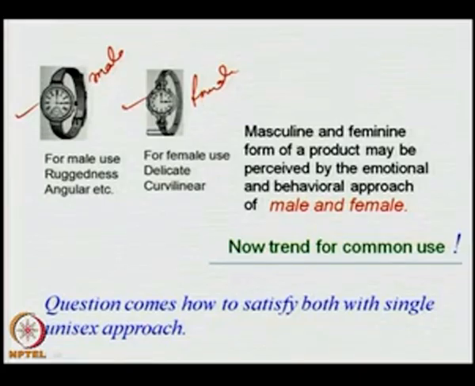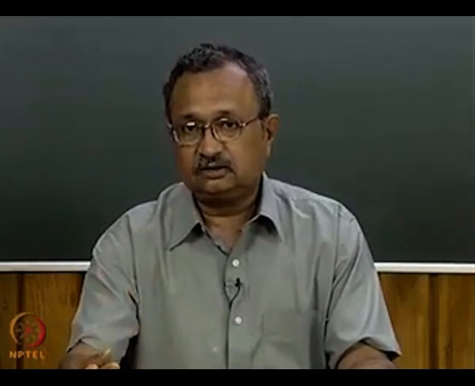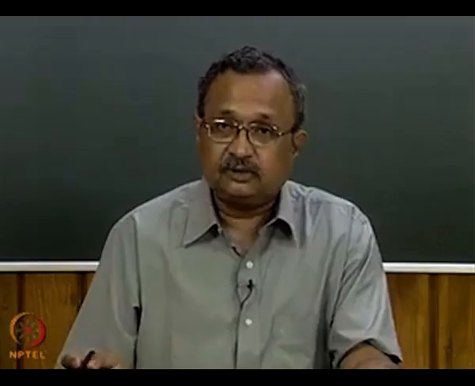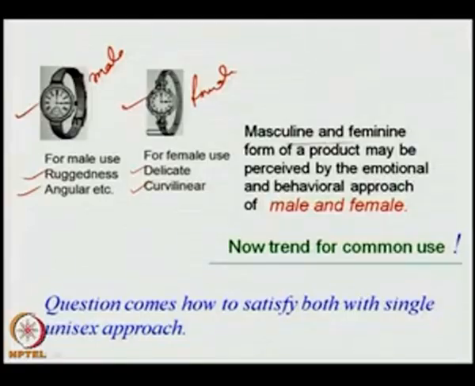After seeing this form, it says ruggedness and more angular type. For female use, delicate and curvilinear. So, what aspects give us this type of feeling? If we can incorporate them in design, then it may give male and female. That means the masculine and feminine form of a product may be perceived by the emotional and behavioral approach of male and female.